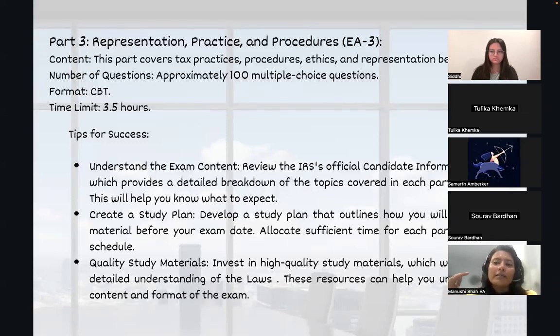If you have an understanding of the particular rules, regulations and duties, then you can apply that, right? Some people say this part 3 is very easy to crack. To that extent, yes, it's easy if you understand and know the actual rules and regulations. Basically we have Circular 230, and based on that Circular 230, we will have our whole part 3.